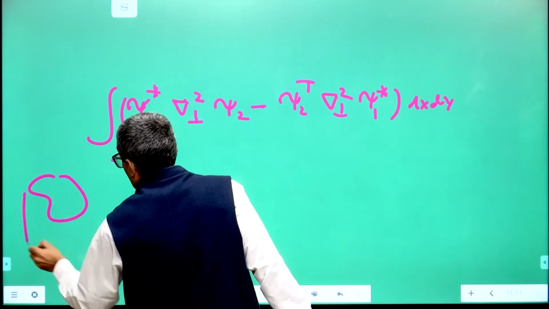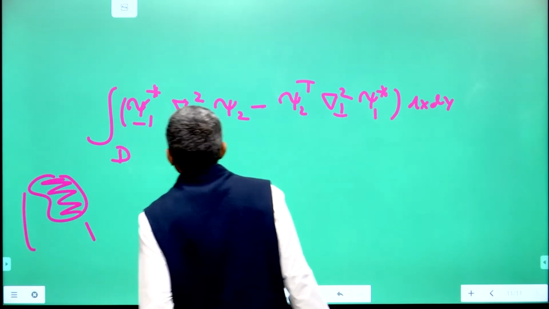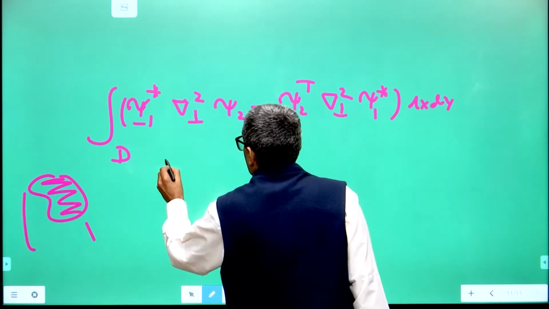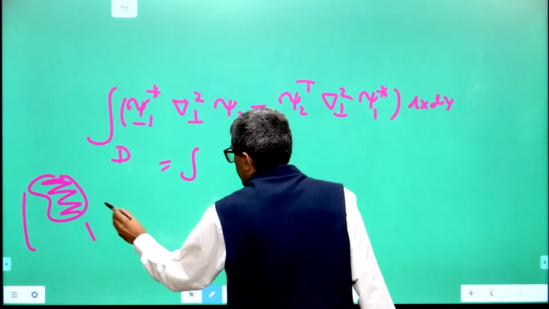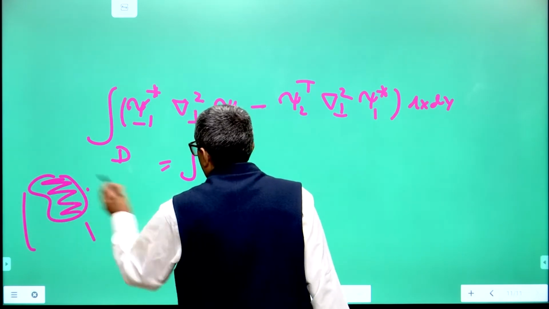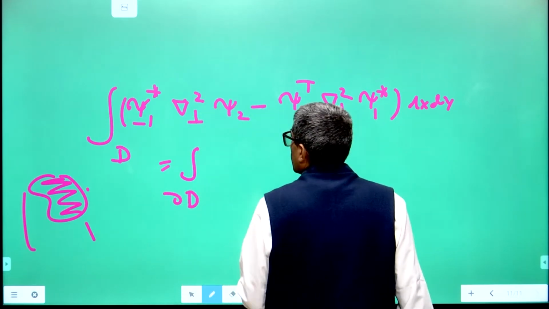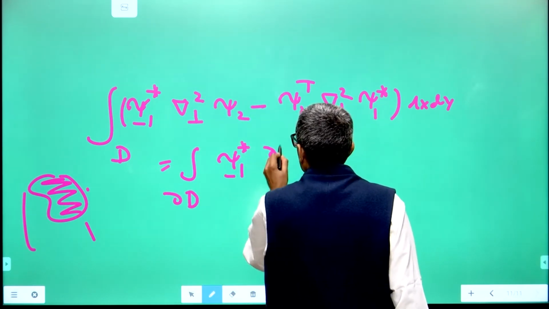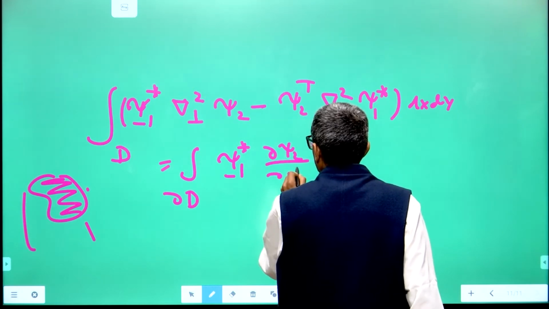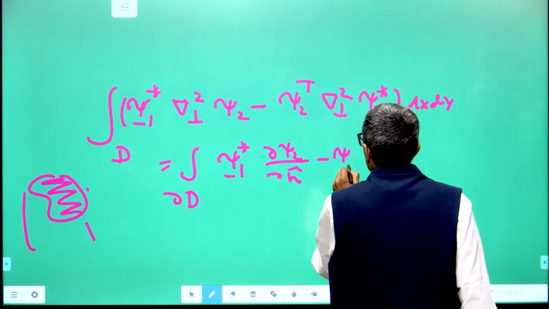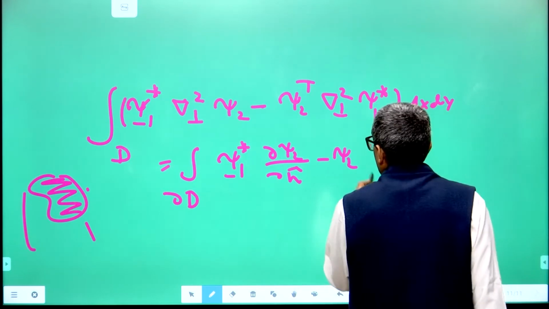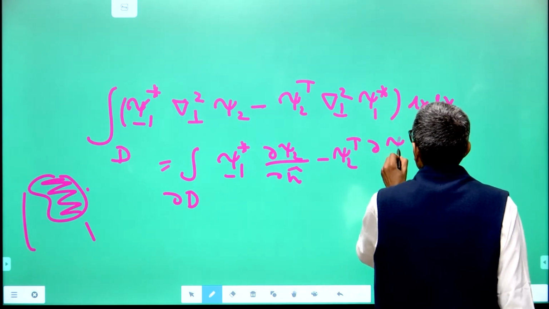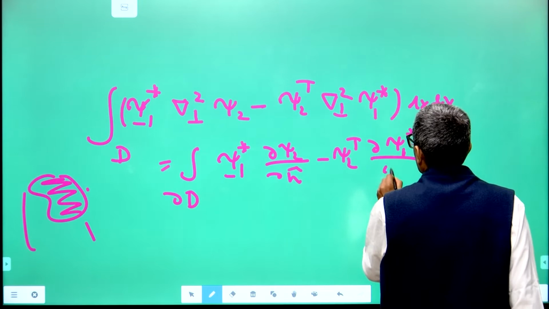So D defines this whole planar region. So this is equal to, by Green's theorem, the integral along the boundary of D, which is S, of psi 1 star into ∂psi 2/∂n minus psi 2 transpose ∂psi 1 star/∂n.